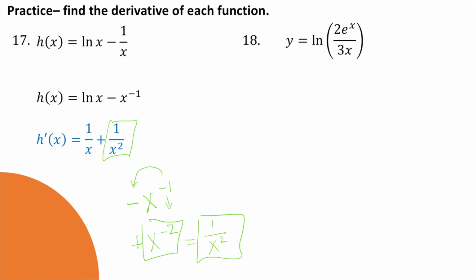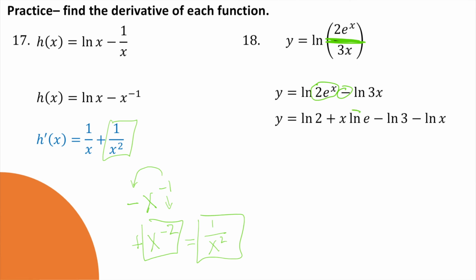Number 18, we've got a division here with a log, so we can separate that by subtraction. Now this, we've got ln of 2 times e to the x. So we're actually going to break this guy up. That's two functions being multiplied. So that can be a log addition problem.